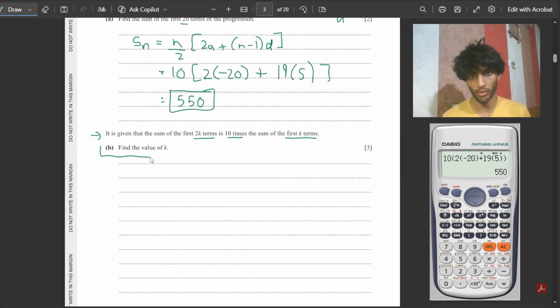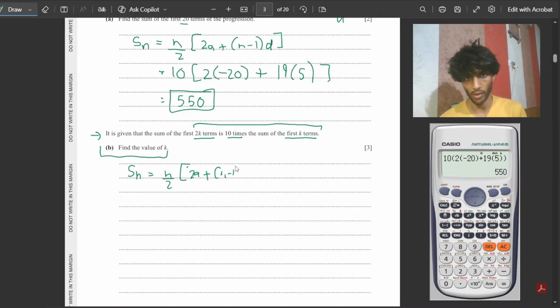Before you look at this part, let's try and understand what all of this information even says. So we know that Sn is equal to n over 2 times 2a plus n minus 1 d. Now there are two sums given to us. The first sum is of the first 2k terms, and the second sum is of the first k terms.